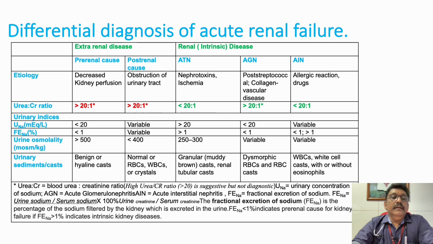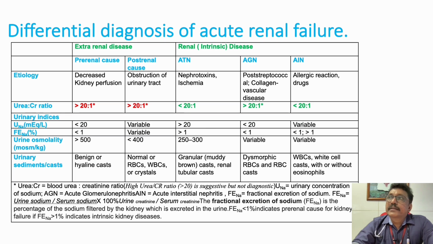In a pre-renal cause for renal failure, urea will be proportionately higher than the creatinine elevation. So very high levels of urea and creatinine not that much elevated is mostly in favor of a pre-renal cause. Like urea is 200, creatinine is only 2.